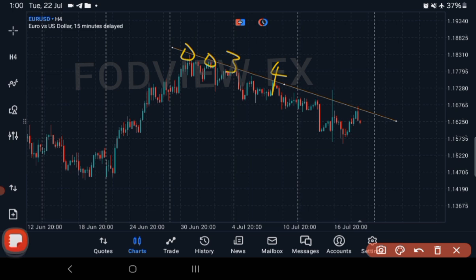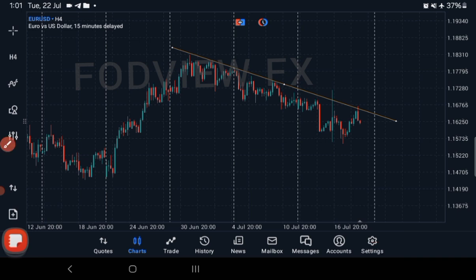And this one was liquidity. And also look at it here again. So this simply helps you identify trend.